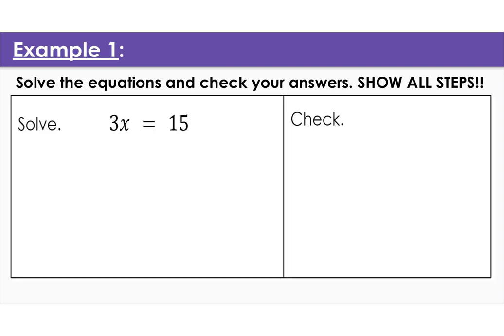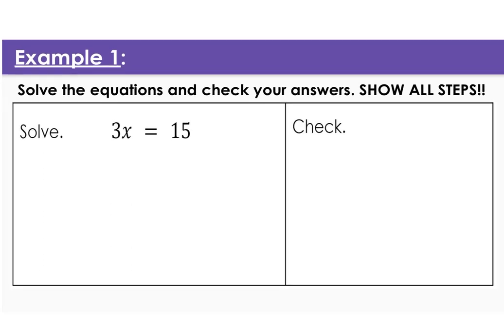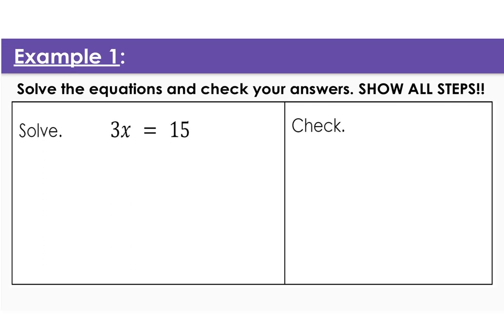So solve 3x, which means 3 times x, equals 15. Doing the opposites, we're going to do the same thing we did with addition and subtraction. I'm going to draw a line, and I'm going to do the opposite to each side.